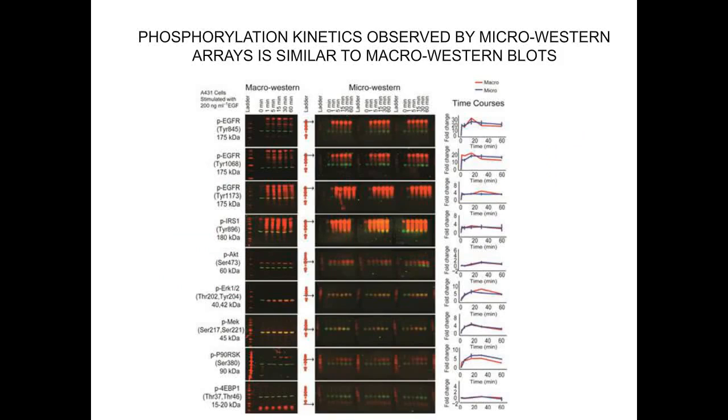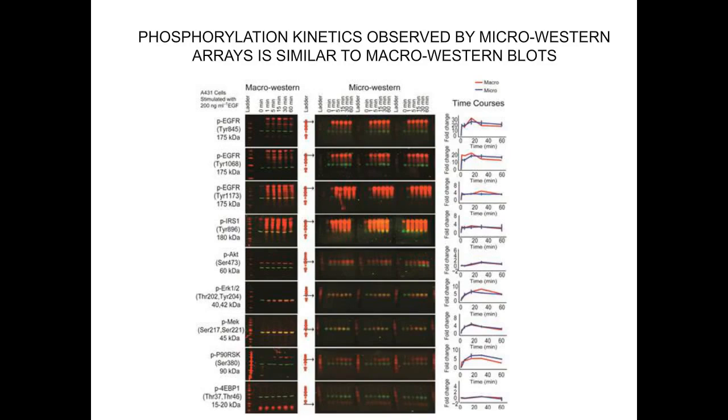So in this study, we just compared the response of growth factors of cells, A431 cells stimulated with epidermal growth factor at either 0 minutes or 60 minutes, and we probed for beta-actin to measure just total protein content in the green channel.